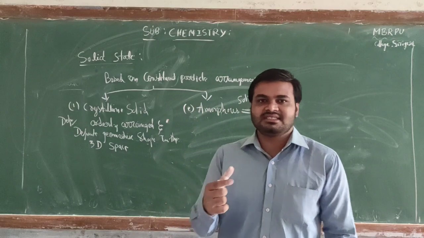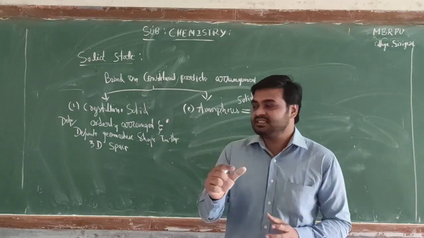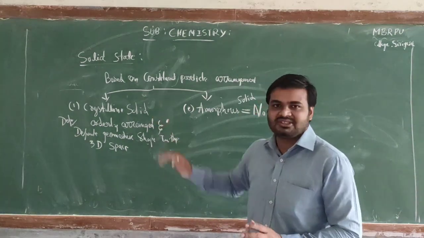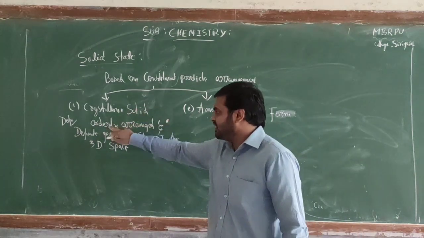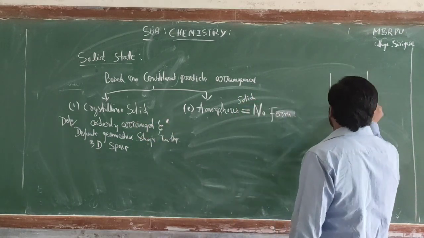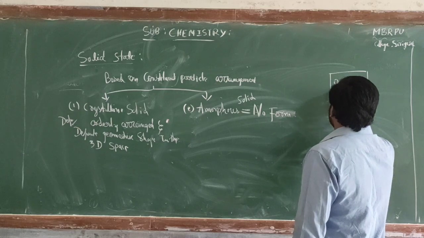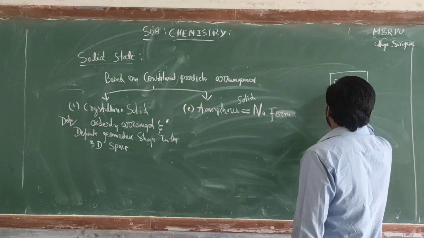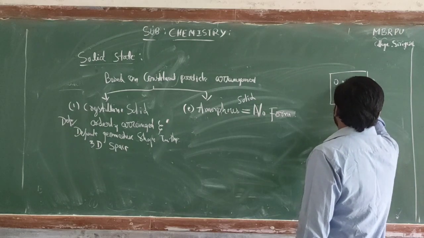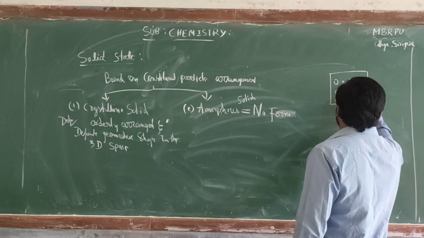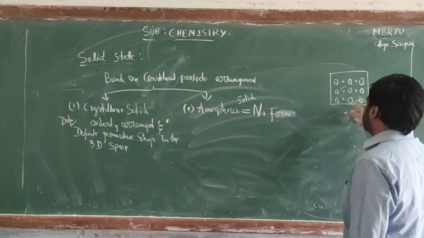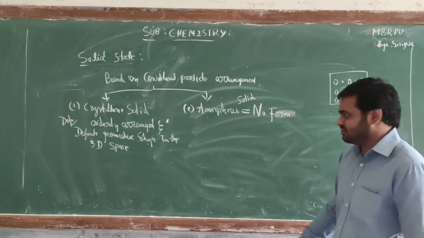So solids which have a definite geometrical shape, we call them crystalline solids. Crystalline solids are orderly arranged. Orderly arranged means molecules, atoms are arranged in order.